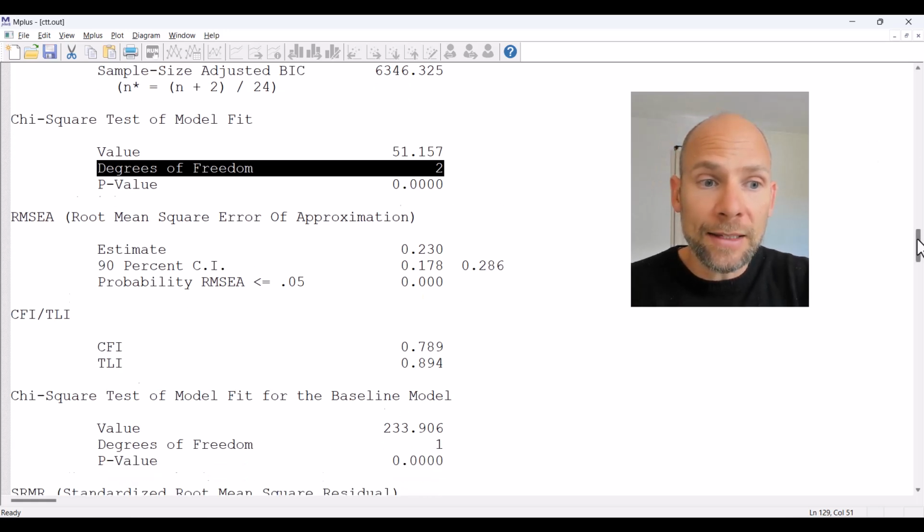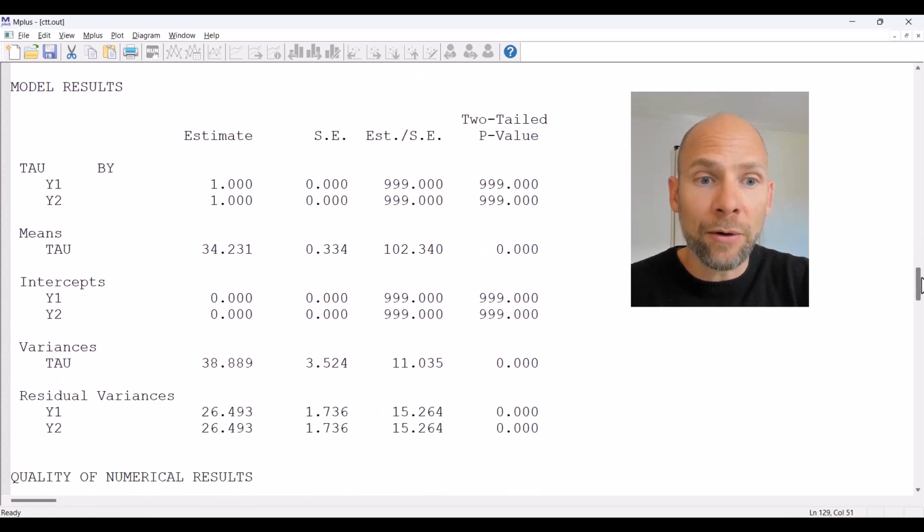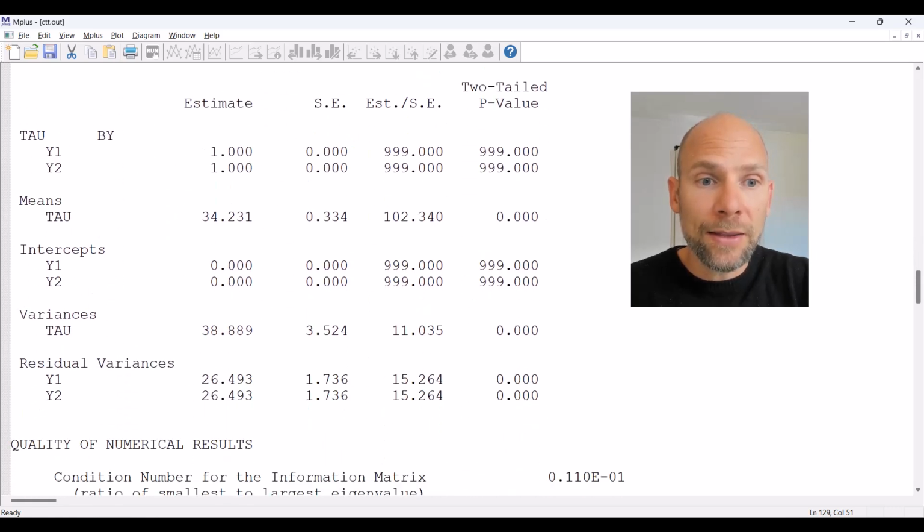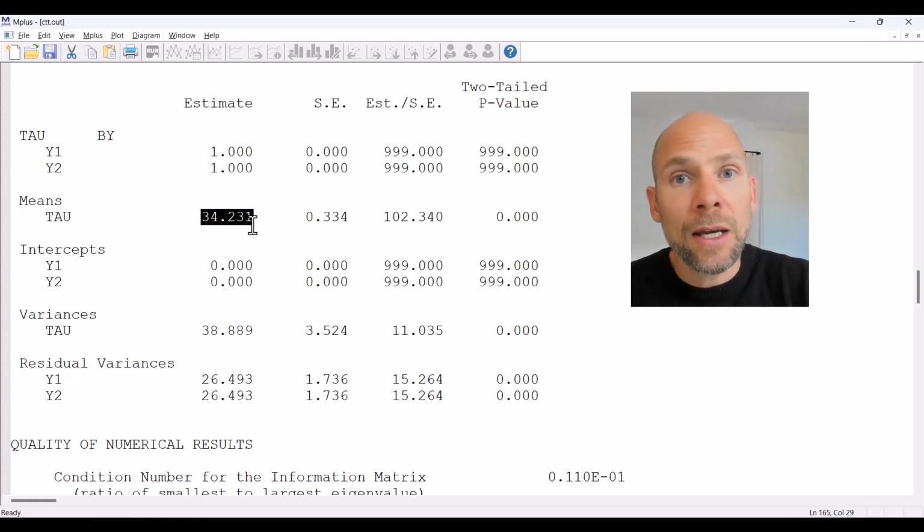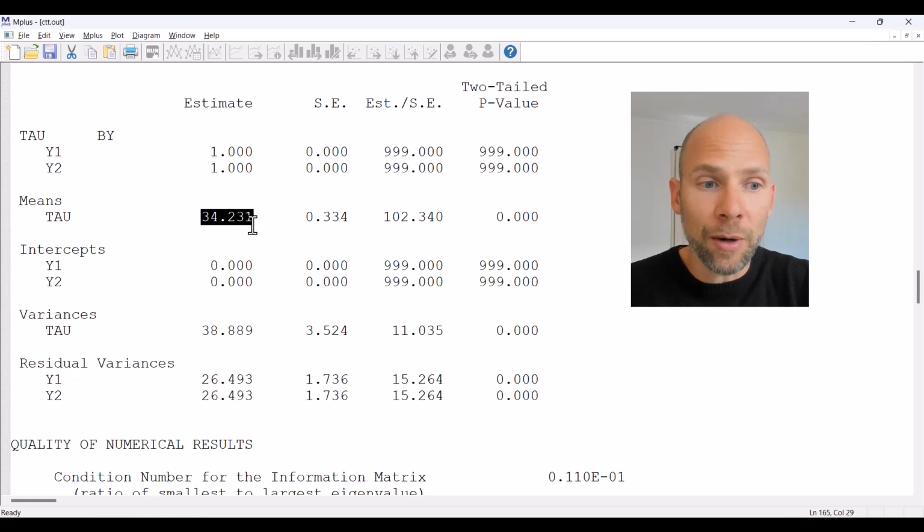Let's nonetheless take a look at the parameter output, and you can see here that what is estimated by Mplus is the common true score mean, and it's somewhere in between the observed means, obviously, to maximize the chance of adequate model fit. So that's the common mean that would apply if the variables had equal means in the population.